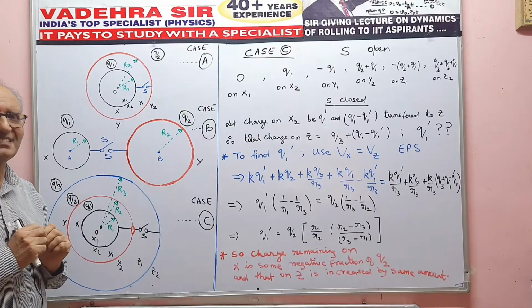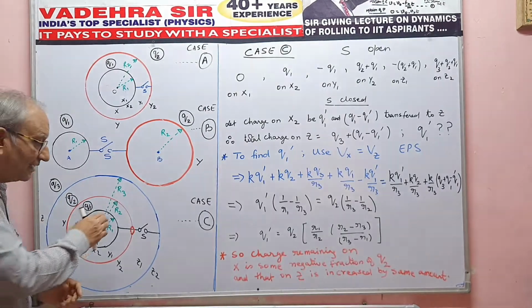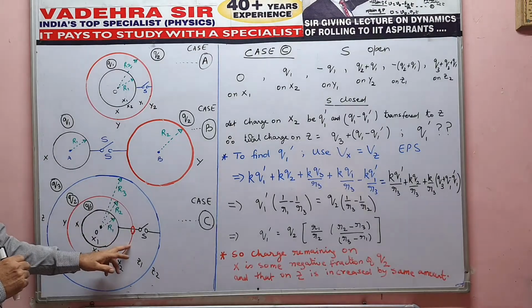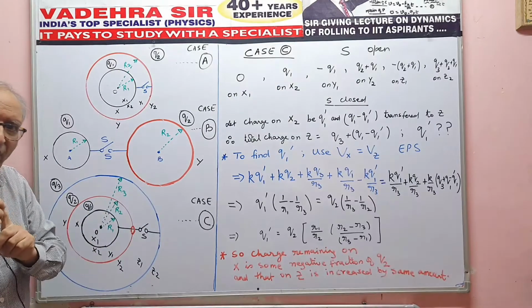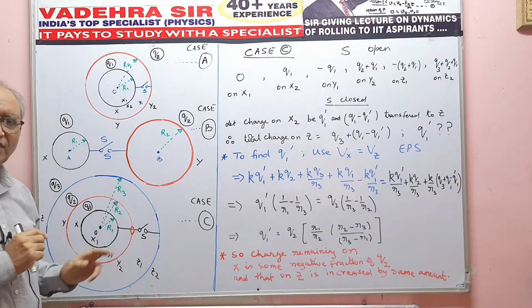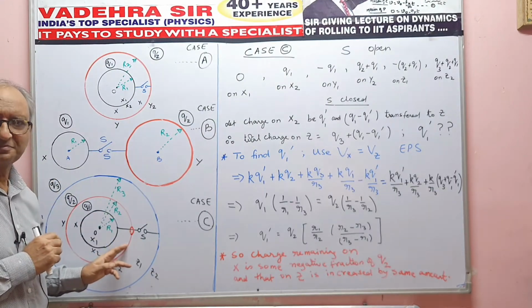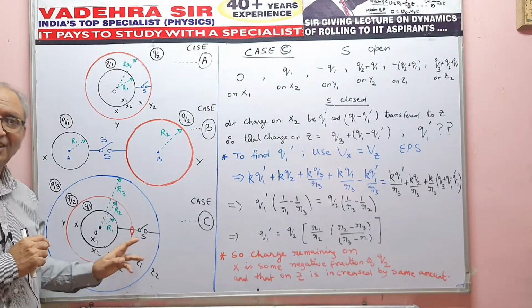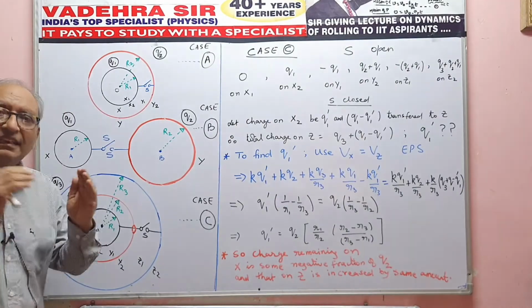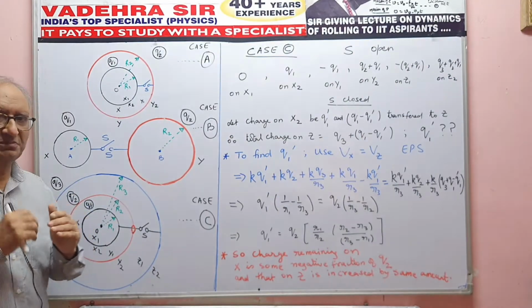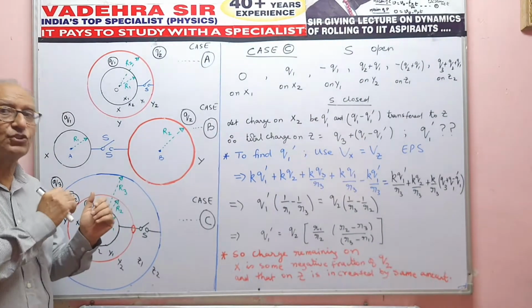No, not in this scene, because in between there is a plate Y which is charged, and this will not allow the total transfer of the charge Q1 from the plate X to the plate Z. So what to do? Let us assume a part of the charge goes and what remains is Q1 dash.